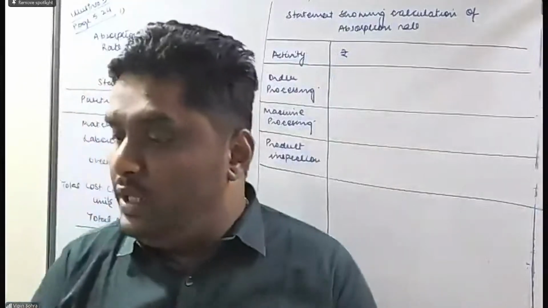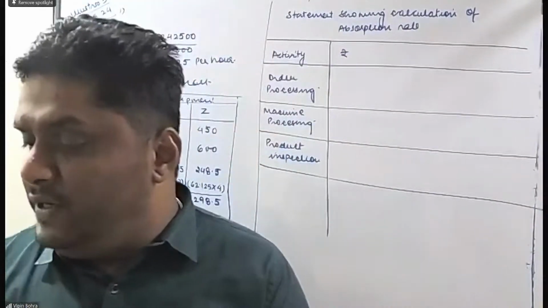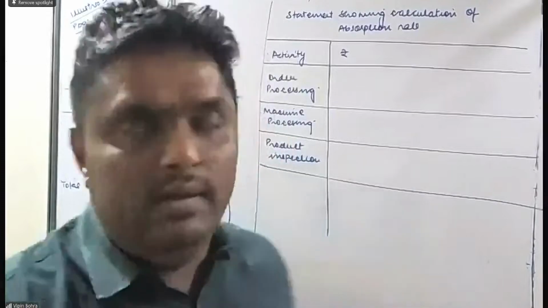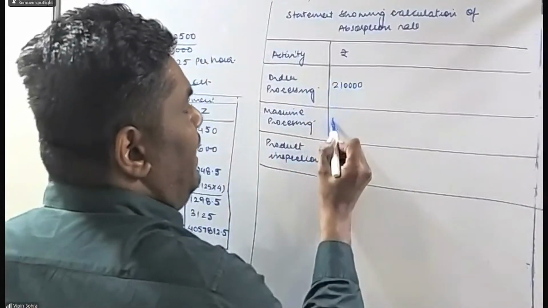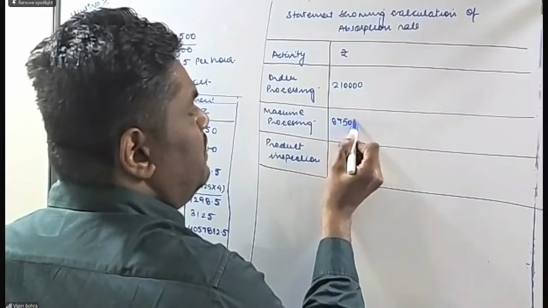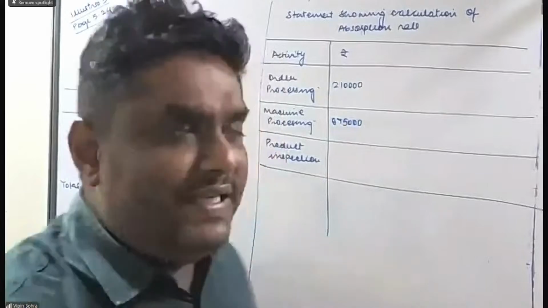When talking about the total amount, also it's given, that is the breakup of 12,42,500 is given, that is 2,10,000, 8,75,000, and 1,57,500.